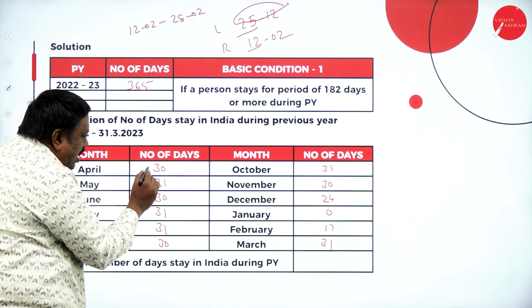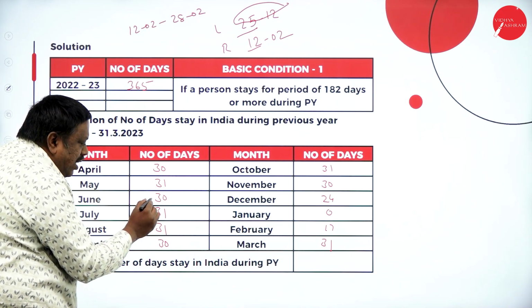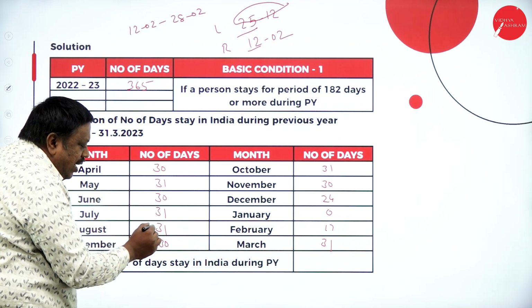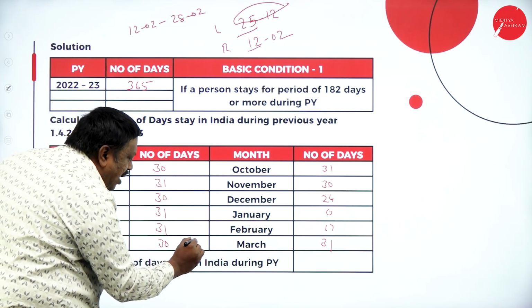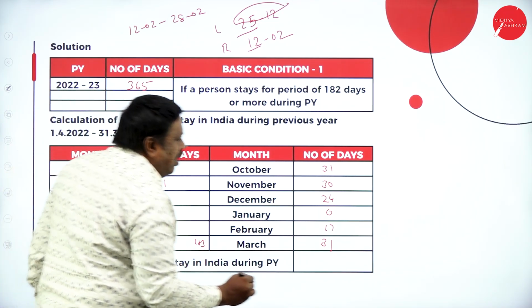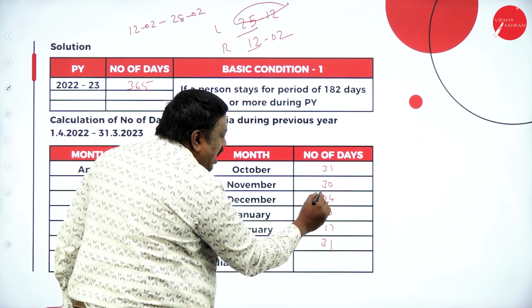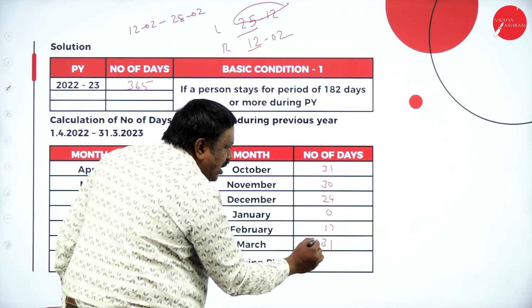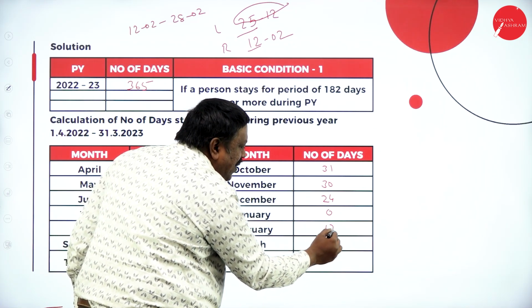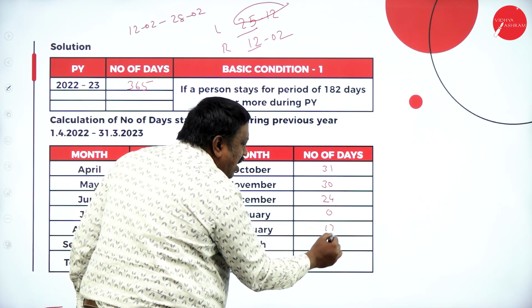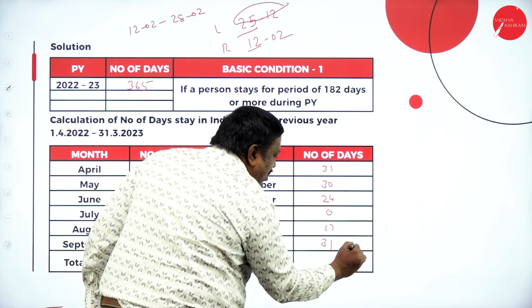Now 30, 60, 90, 120, 150, 180. So it will be totally 183 days here. 30, 60, 90, 120, 127, 128, 132, 133.